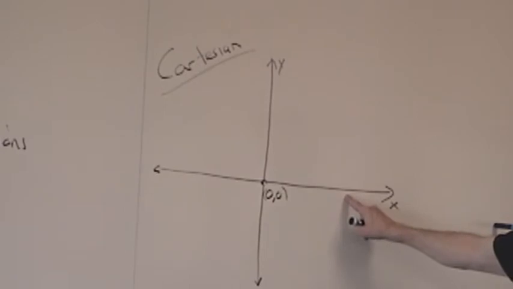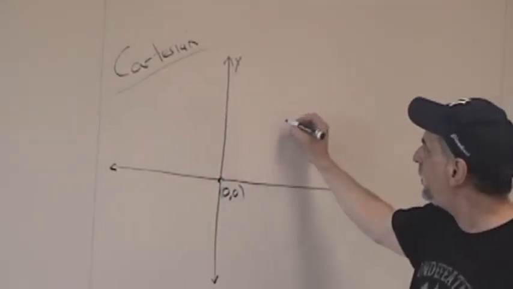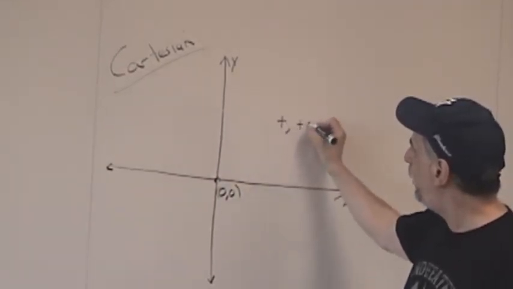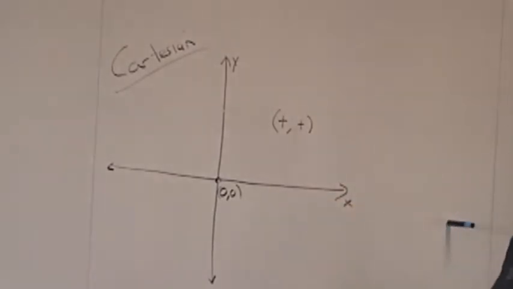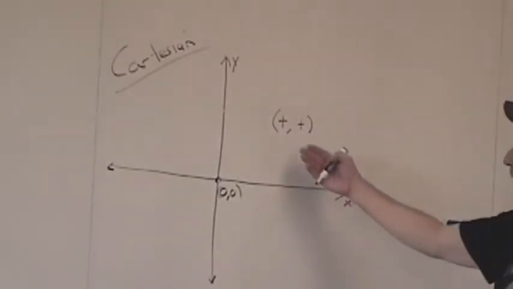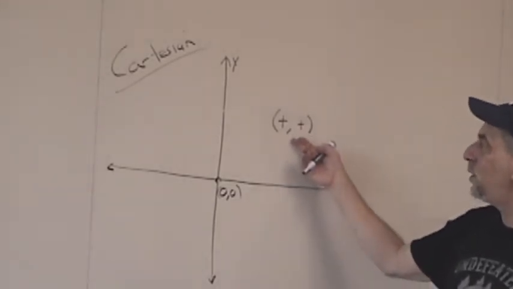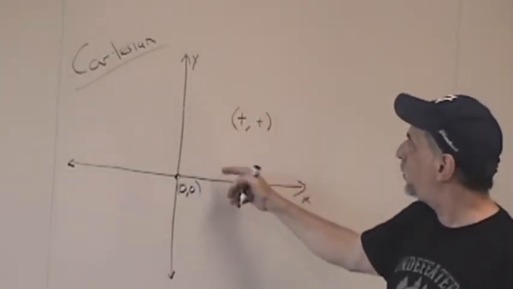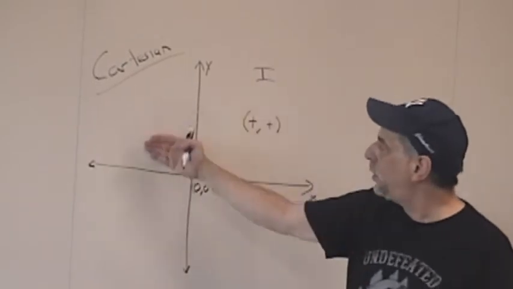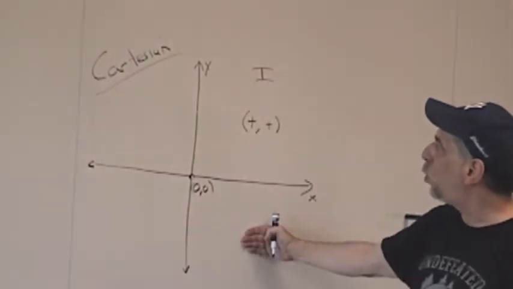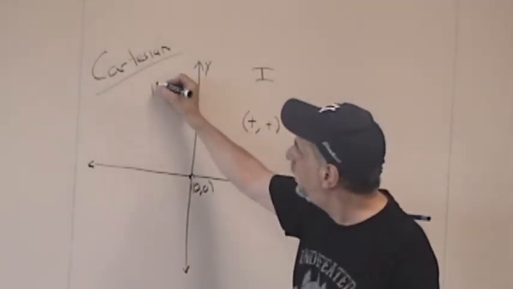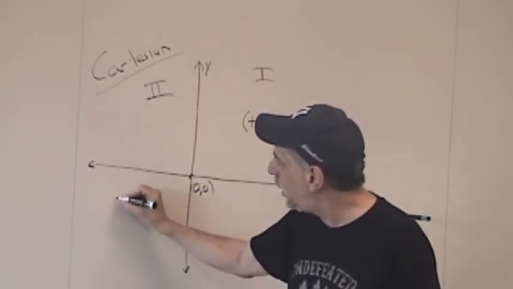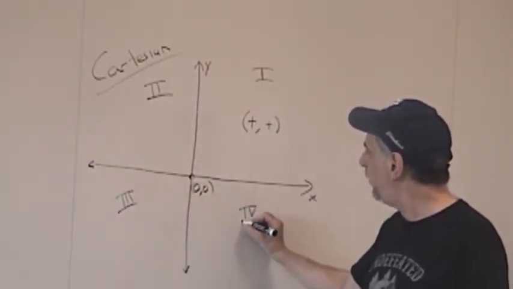So we have positive x values here and positive y values here. What we call an ordered pair of coordinates: a coordinate is an x value and a y value, and a pair of coordinates is called an ordered pair. Notice we have four quadrants. We call these quadrant 1, quadrant 2, quadrant 3, and quadrant 4.